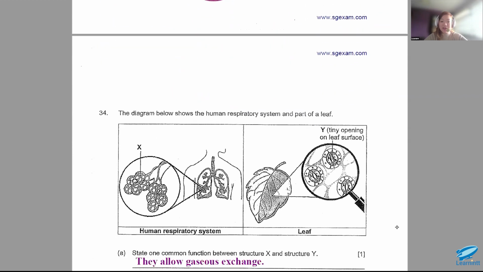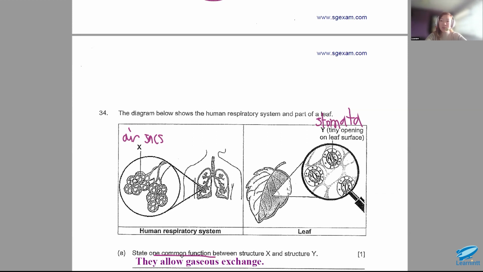Next, question 34. The diagram below shows the human respiratory system and part of a leaf. In the human respiratory system diagram, they focus on part X. This is actually the air sacs. We have to identify, remember? In the leaf, the tiny openings on the leaf surface are actually the stomata. That's how it looks under the microscope. Question: state one common function between structure X and Y. So we already identified what X and Y are.